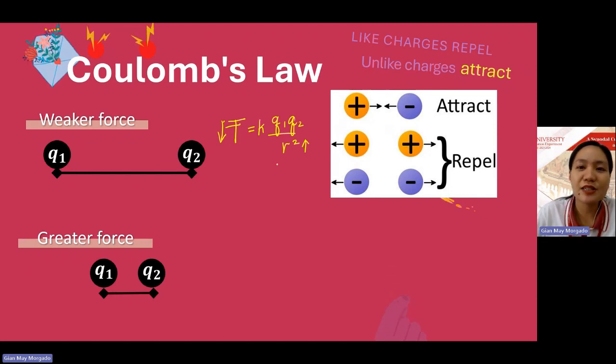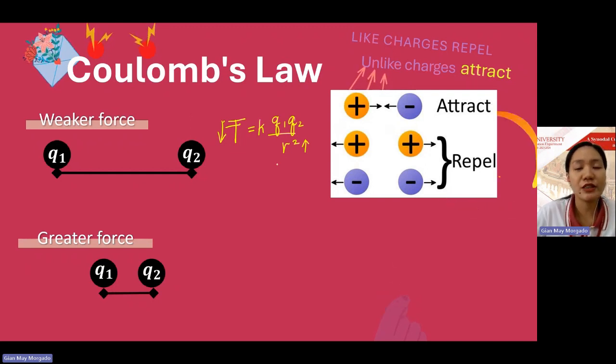Now, we discussed the electrostatic law last meeting, that like charges repel and unlike charges attract. So a positive and a negative particle would attract, and two like charges, positive and positive, would repel, negative and negative would repel. This law still applies to the current law we are studying.